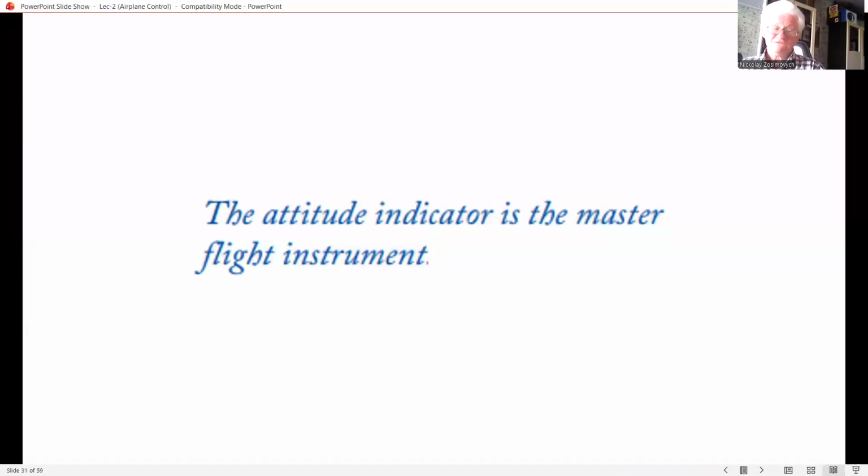For instance, when climbing with full power selected, the estimated climb attitude is held on the attitude indicator with subsequent reference to the airspeed indicator to confirm that the selected pitch attitude is indeed correct.